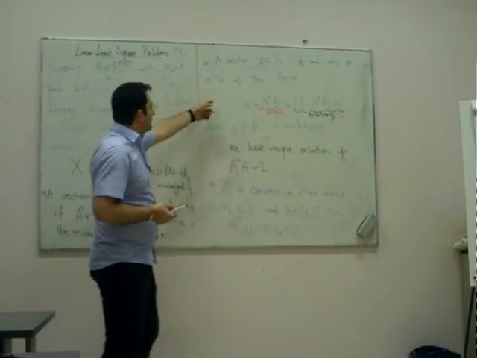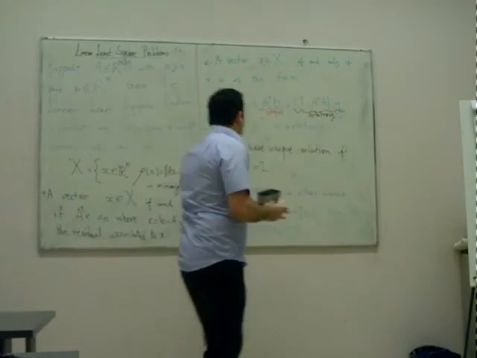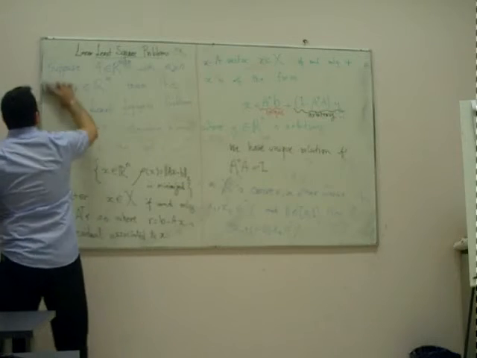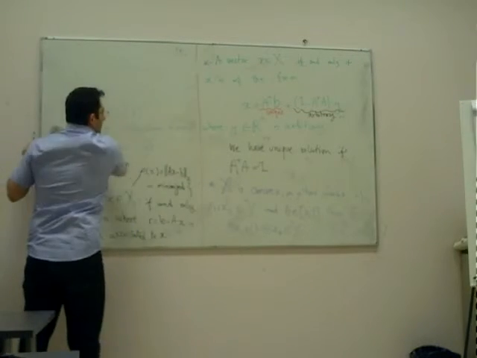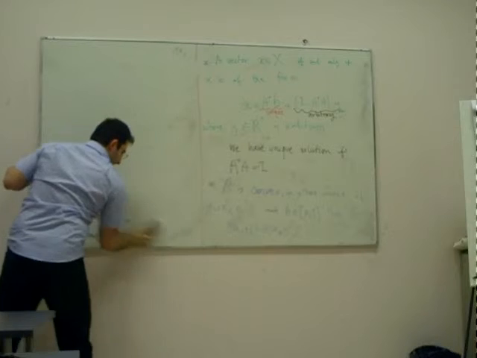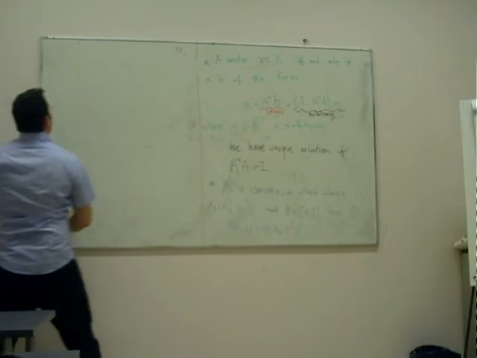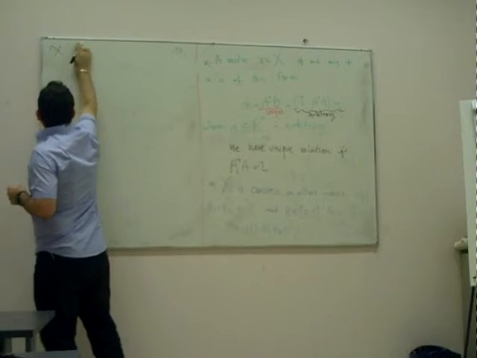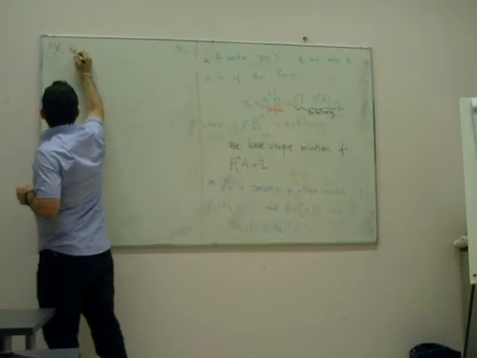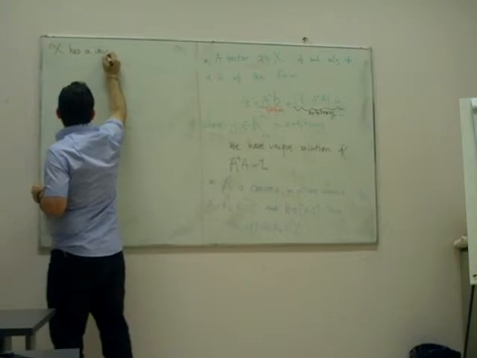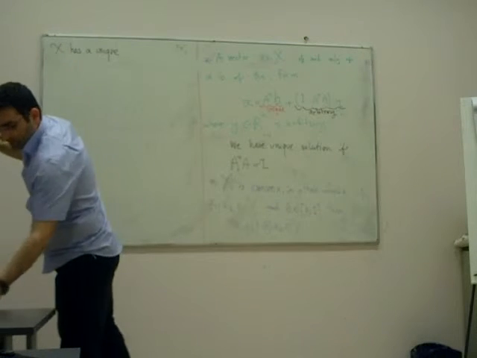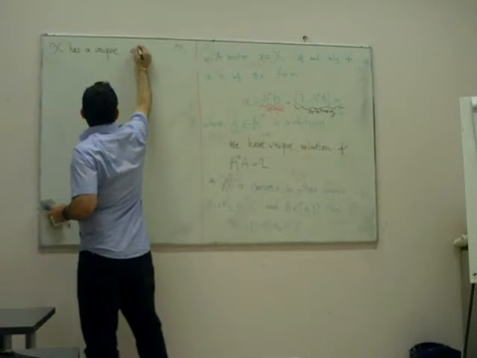Okay? Now, from this notation, we can also get one other observation: that the vector space X has a unique element.